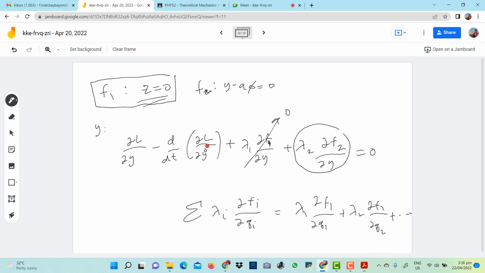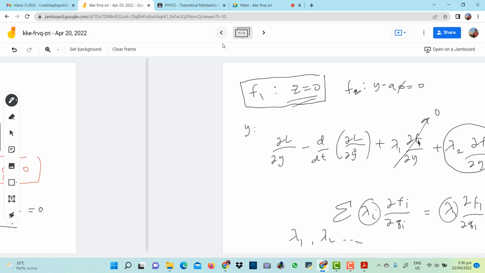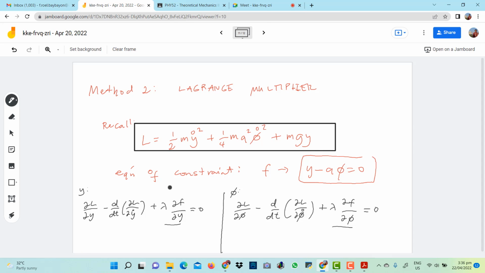Later on, I will give an example with two equations of constraints so you can see it. Take note, these lambda 1, lambda 2, lambda 3 are called the Lagrange multipliers. In our problem, there is only one equation of constraint.